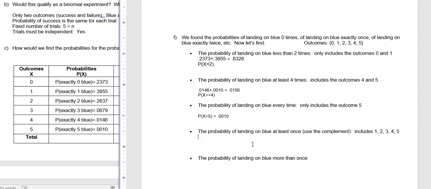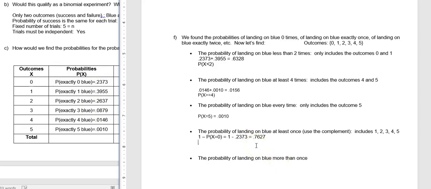So what we would do here is we would take 1 minus the probability of x equals 0. And even with our table, this would be a little bit easier to do, because then all we have to do is take 1 and subtract that one probability.